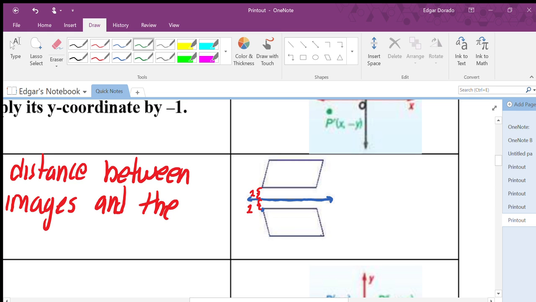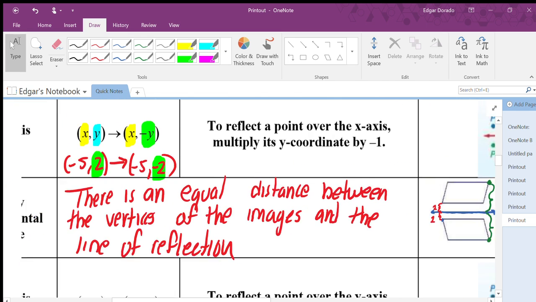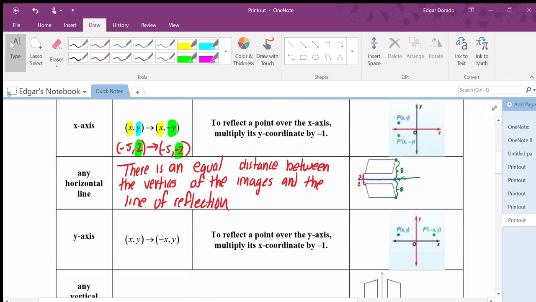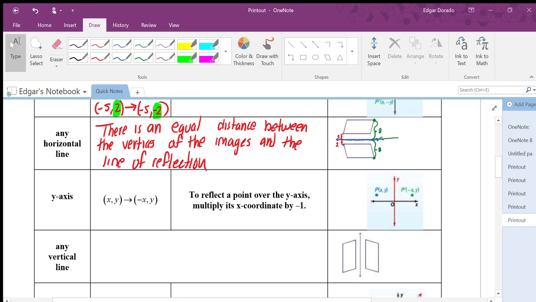For example, about these two, if from here to here it's 8, then from here to here it also has to be 8. That's all it means. Those distances from any one of those vertices to the line of reflection have to be exactly the same. Keep that in mind, because that's going to be a very similar type of definition for vertical lines.